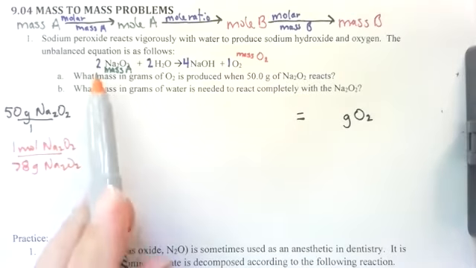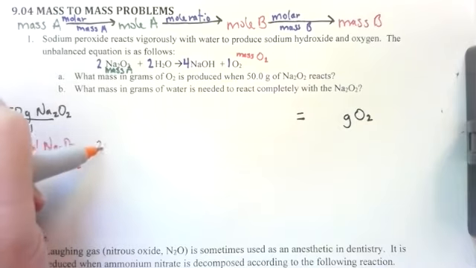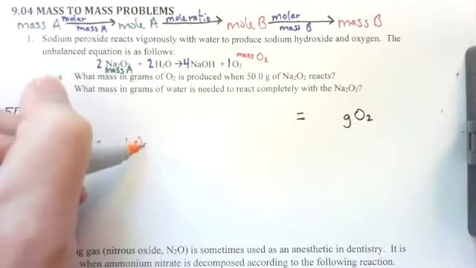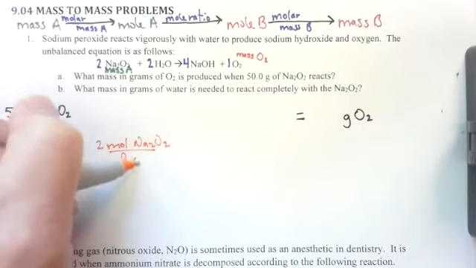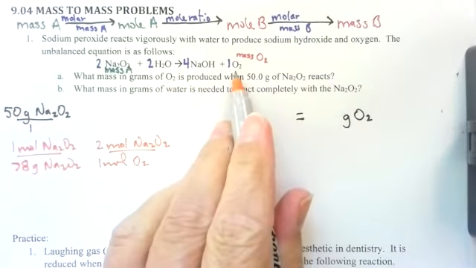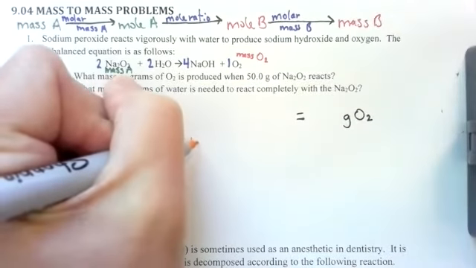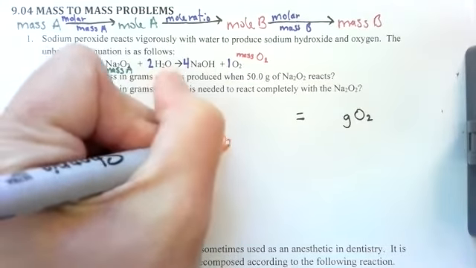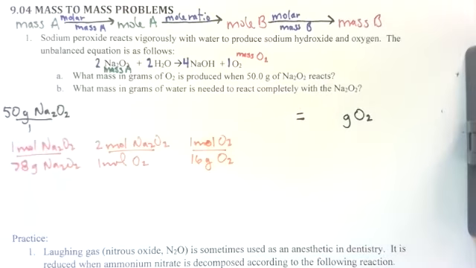My mole ratio is 2-to-1. So I have 2 moles of Na2O2 to 1 mole of O2. My molar mass for O2, oxygen is diatomic, so this is going to be 16 plus 16. So I have 1 mole of O2 is going to be 16 grams of O2. Just as a reminder, molar mass is always grams in 1 mole.